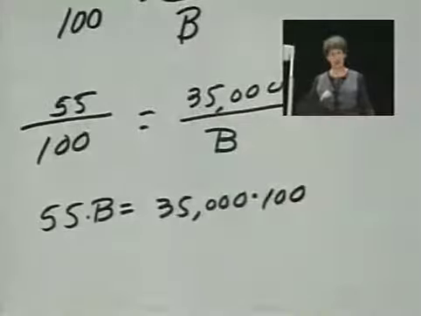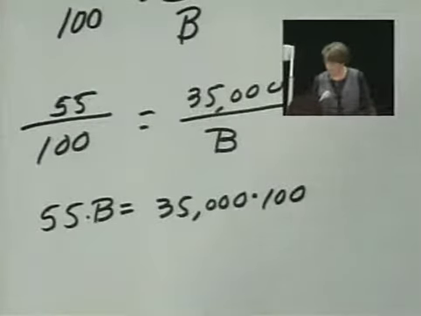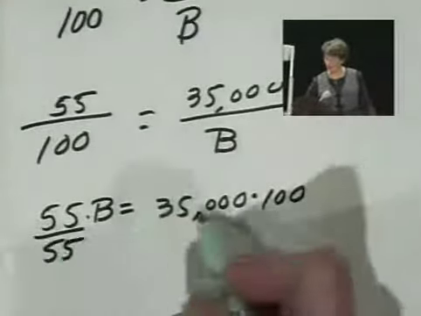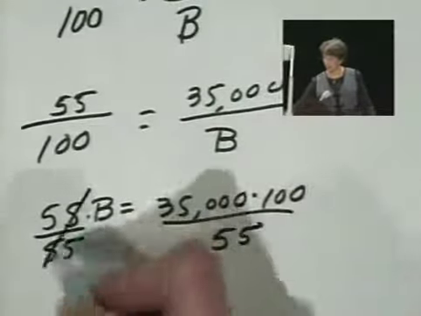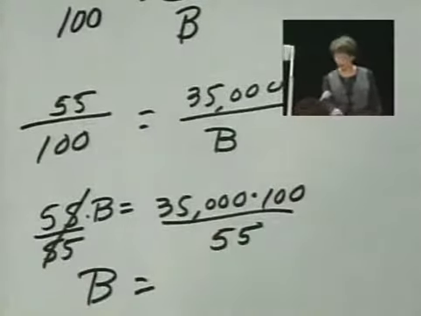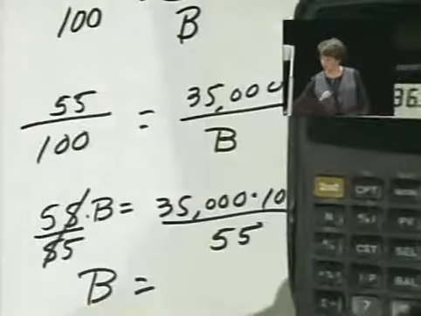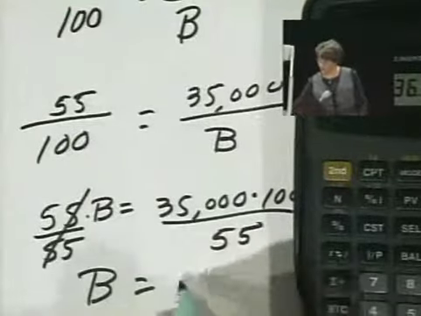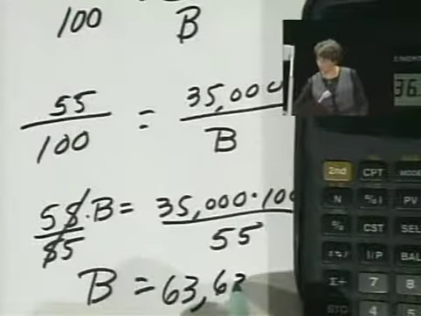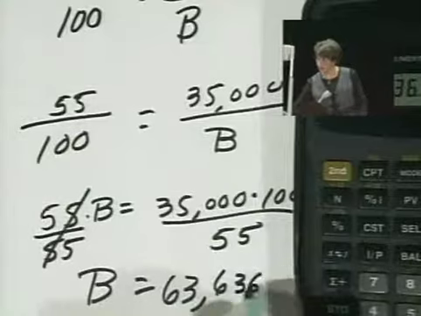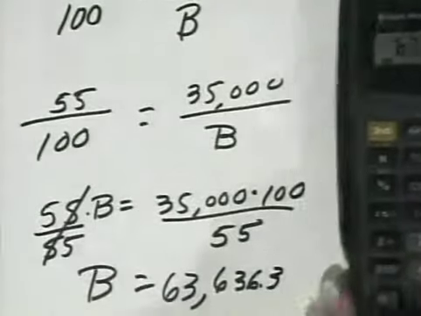Is it okay if I use those dots to represent multiplication? Then I'm going to divide by 55, divide by 55. That will give me B equal 35,000 times 100 divided by 55. When I do that, I got 63,636, and probably we're going to call that 36 cents.